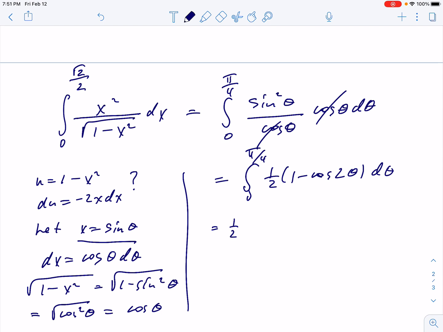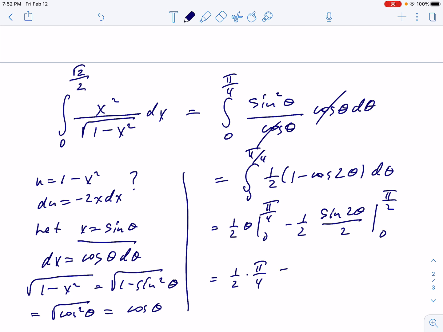So this is 1 half theta between 0 and pi over 4. And minus 1 half, integrating the cosine, we have sine 2 theta over 2, again between 0 and pi over 4. Evaluating, that's 1 half times pi over 4, minus 0, this is 0. Then minus 1/4 sine, here a mistake. This is pi over 4, upper limit.